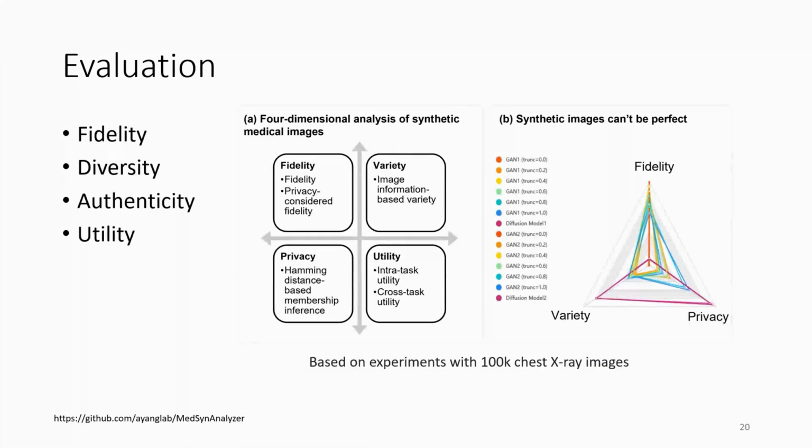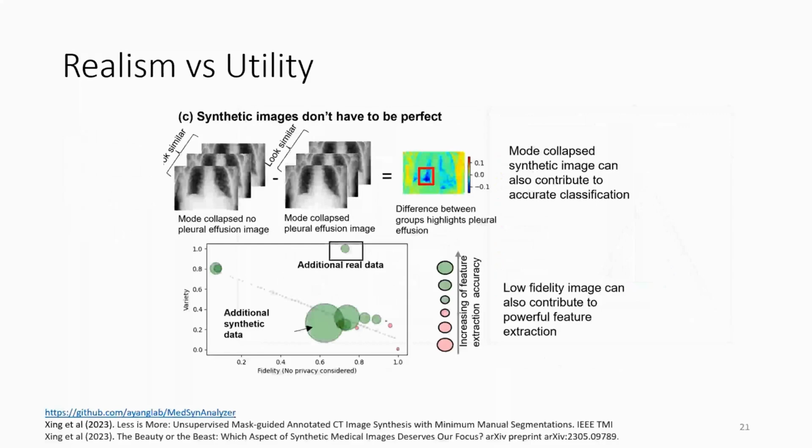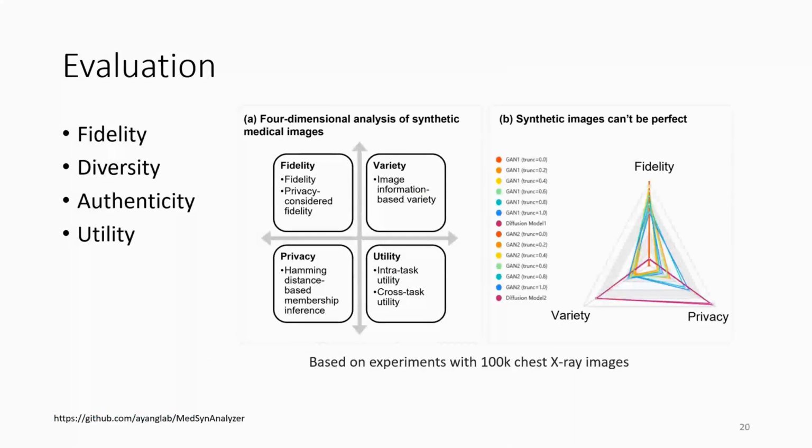And this is another really good tool from, I think, Singh et al. It has a code and GitHub repo that will measure these criteria for you once you have your synthetic data and real data distribution. So basically, this is based on the experience with 100,000 chest X-ray images, where you can measure this based on 4 criteria: fidelity, variety, privacy, and utility.